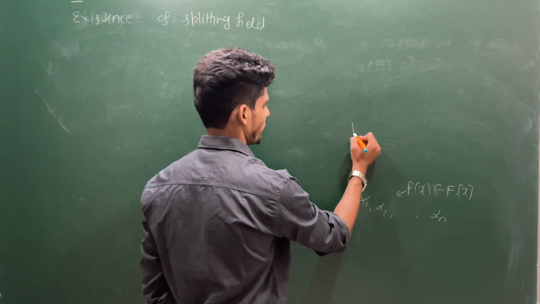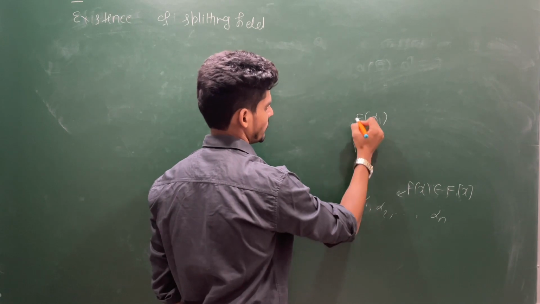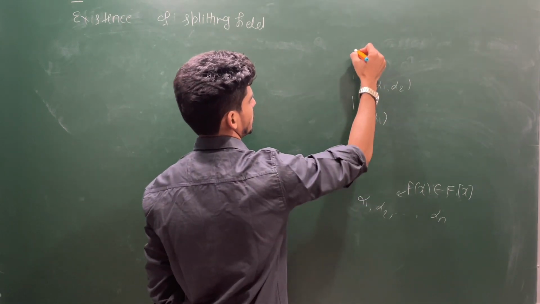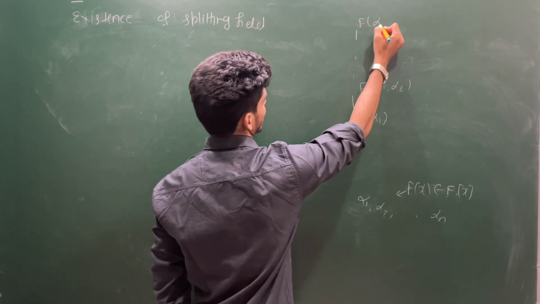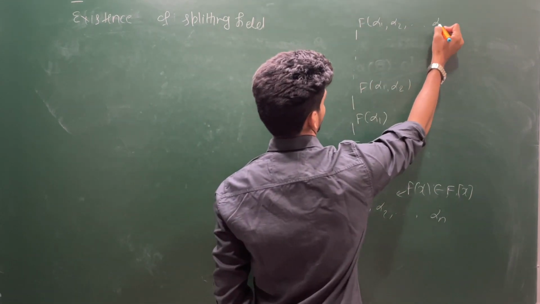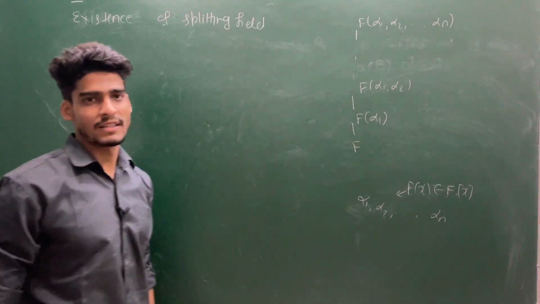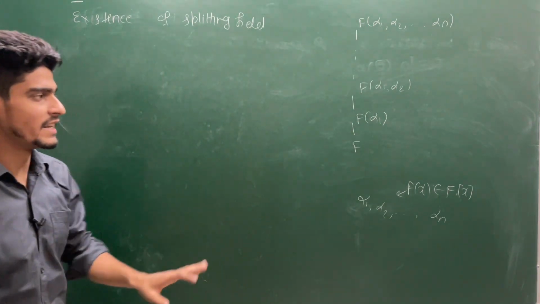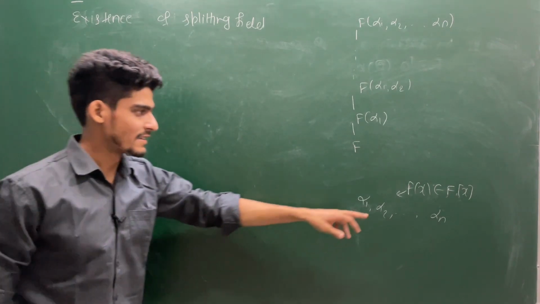So you can have this extension, and this extension, and this extension. That means you are having an extension which contains every root of this f(x). So such an extension exists.